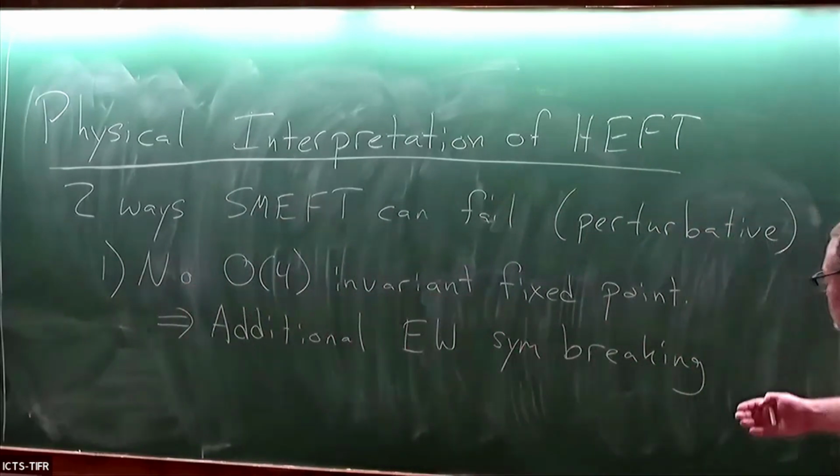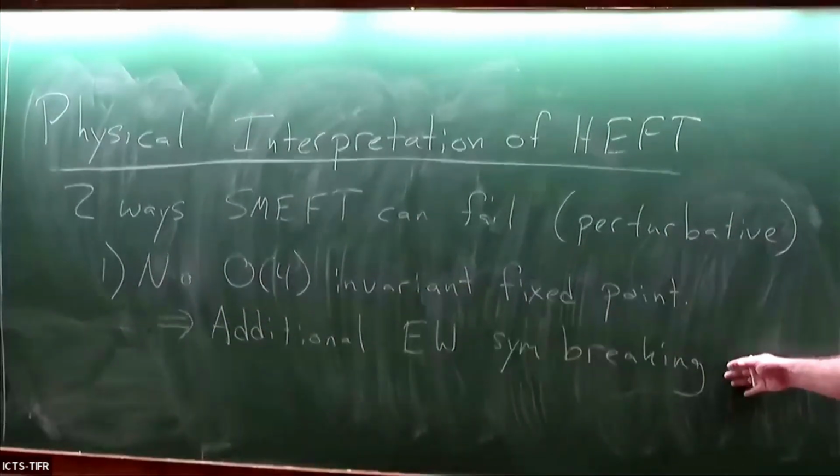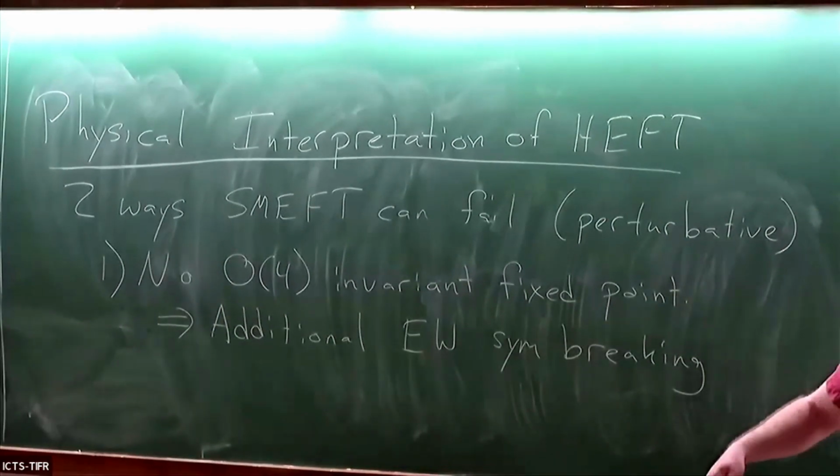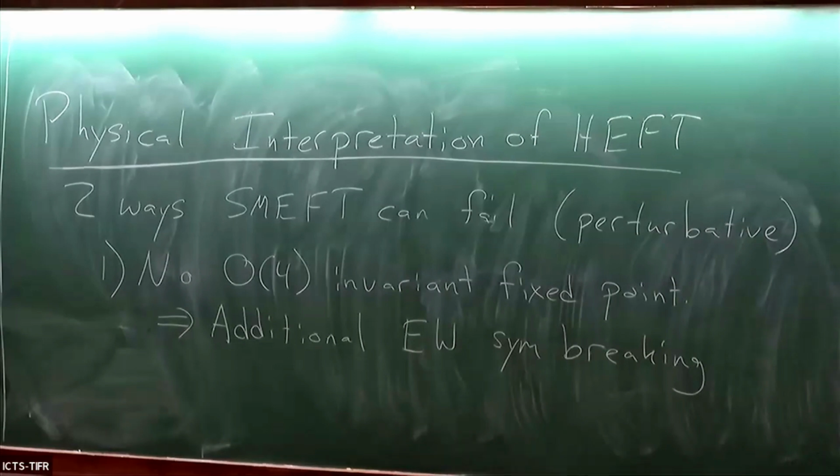But nonetheless, if you're curious, we have a whole long discussion of this in the paper. We do this really nice toy example with just an abelian model with two fields where both of them get VEVs, and then we show very explicitly how this leads to the lack of an O4 invariant fixed point. And you'll see all these nice plots of field space manifolds, and so on.